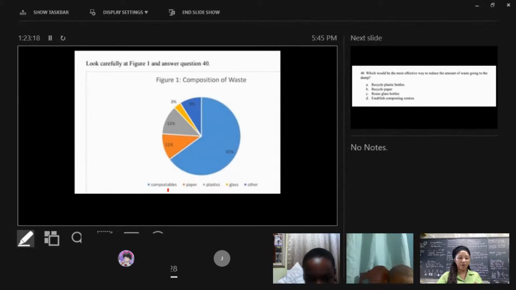So pale blue, compostables, orange paper, plastic, yellow glass, and the dark blue is other. So this one here is compostables. This is paper, plastic, glass, and other.